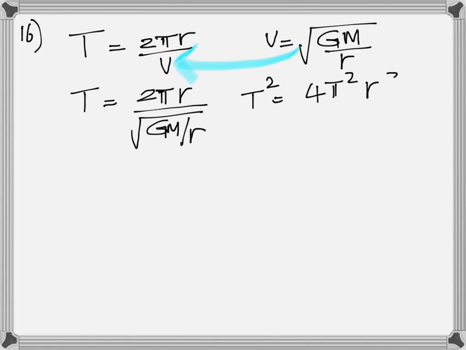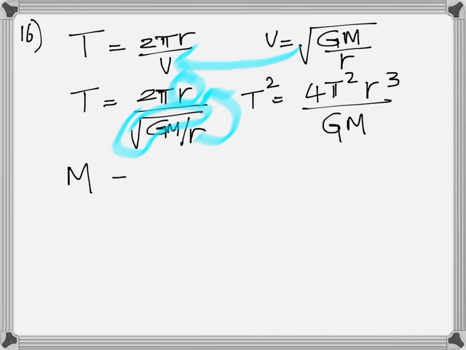T squared is 4 pi squared. Where did I get that r cubed from? Because this square root will vanish, isn't it? This will become r squared, and this r will go to the top. So r squared times r is r cubed. Making any sense?